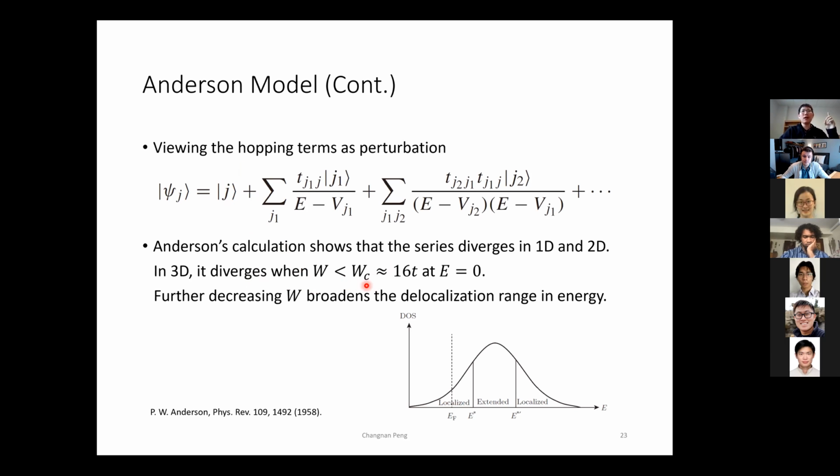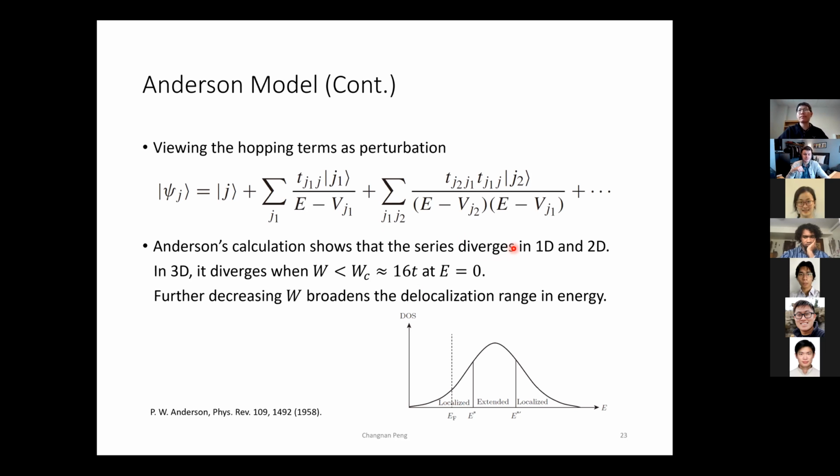Above this critical value, it converges, so this localized wave function approximation is valid. We are still in the perturbation regime of a localized wave function. Yeah, so I need to choose the words carefully here.